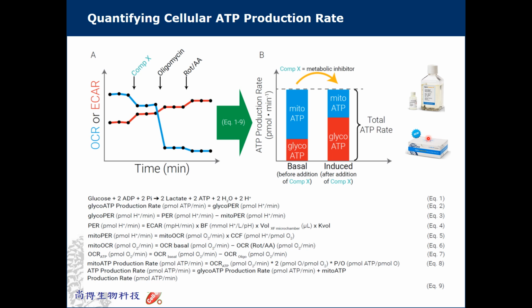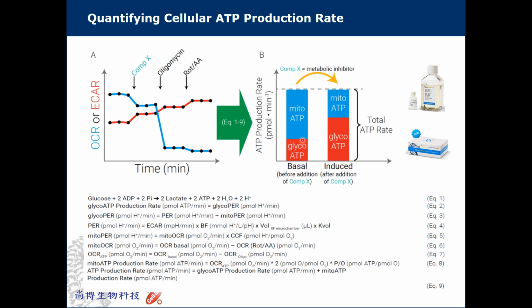Then the latest and newest experiment design I would like to introduce to you is a real-time ATP assay. This assay is also based on a Agilent Seahorse analyzer. We already know the buffer capacity. As we mentioned before, with the OCR, the blue line, as we inject the oligomycin, we will know how much ATP comes from mitochondria.